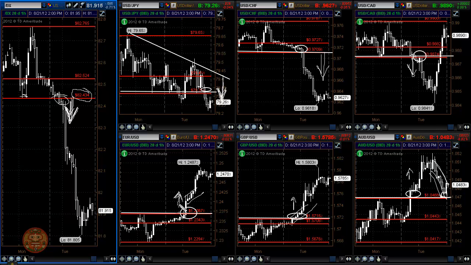In contrast, you have the euro up, pound up, Australian dollar up, and this is one powerful aspect of why I love to look at the grid, the dashboard that I like to look at. The only one that kind of struck me was the Canadian dollar, which rallied back off the 98.40 zone.